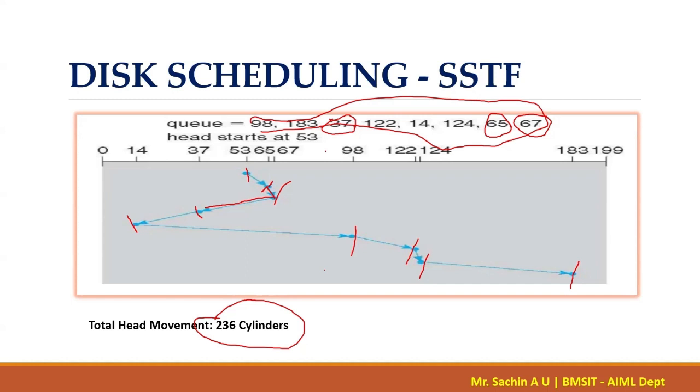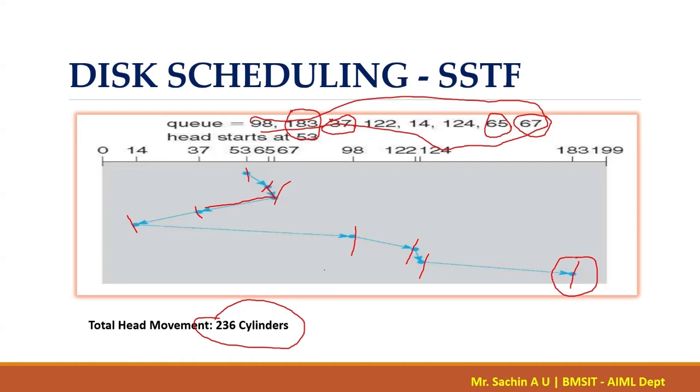Along with this overhead, there is one disadvantage, that is starvation. What is that? If you see in this queue, 183 is the second request. But in this diagram, the 183rd track is the last track which is read.